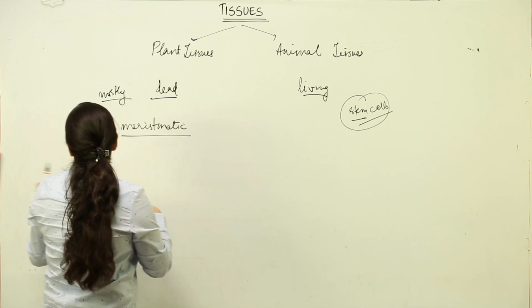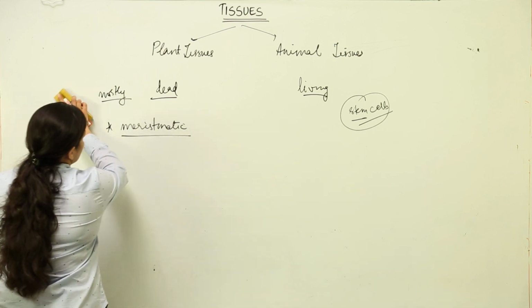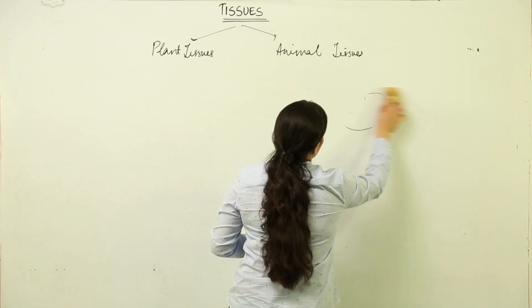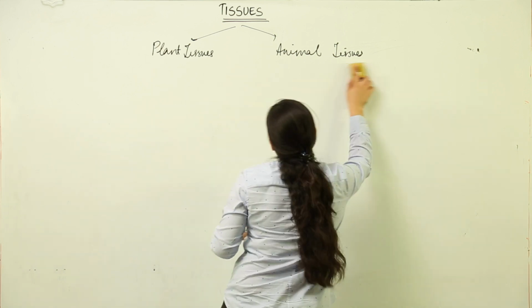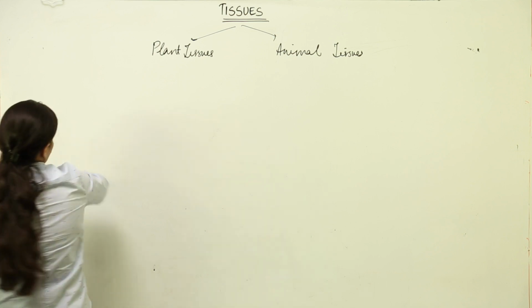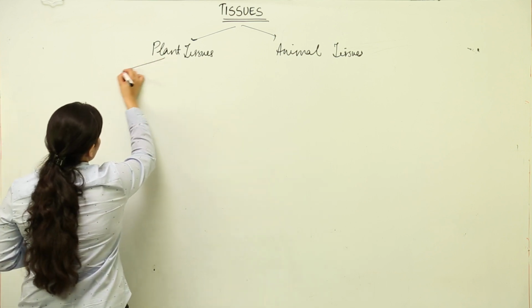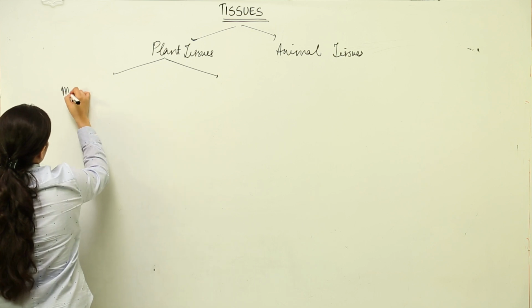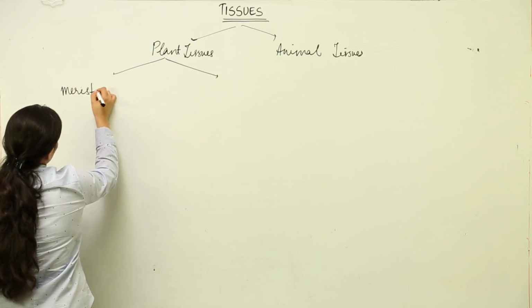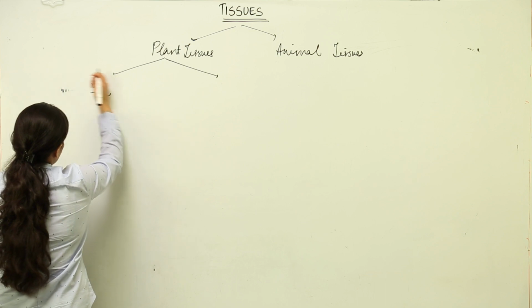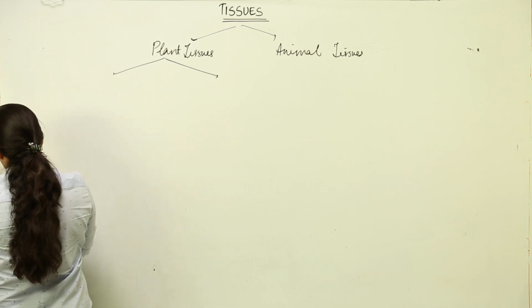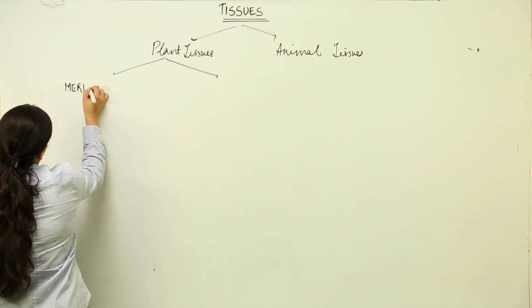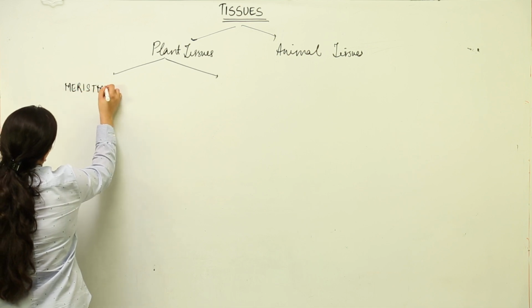Now let us talk about the types which are present, so that once we study them in detail, at least you have familiarized yourself with the terms used for plant tissues. As I told you, plant tissues are of two types. One is meristematic, that is not going to stop its ability to divide ever.